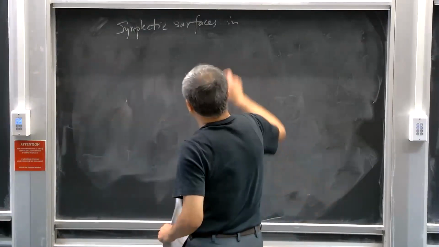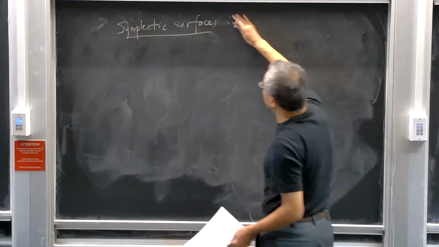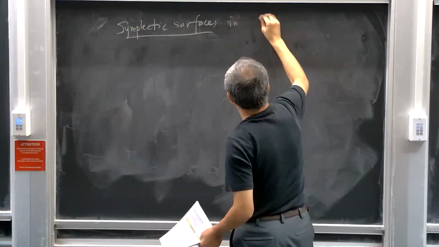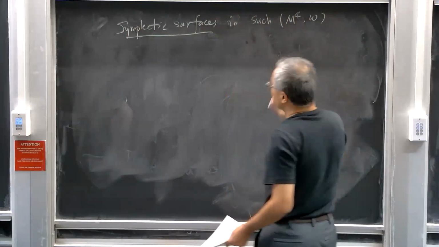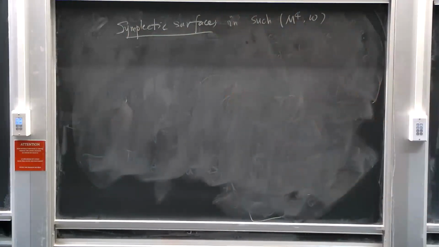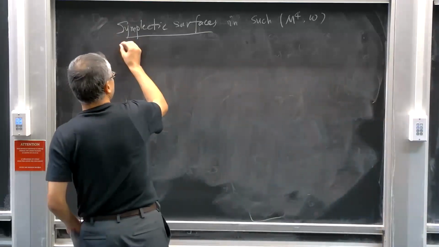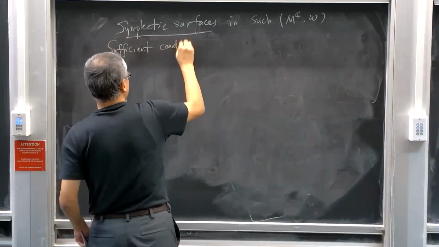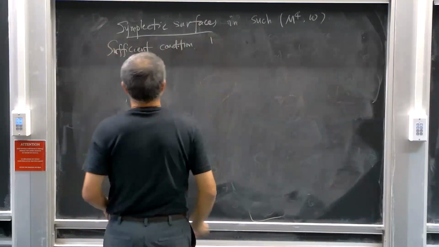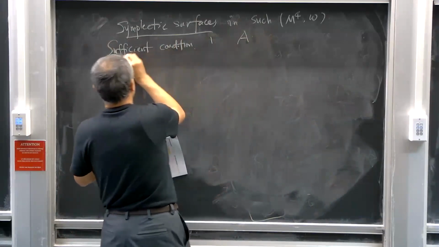So first of all, it's very easy to construct lots of symplectic surfaces. I'll give you a sufficient condition for a class to have an embedded symplectic surface, a very simple condition.